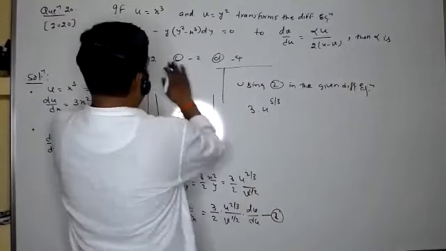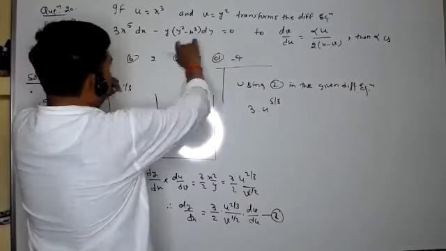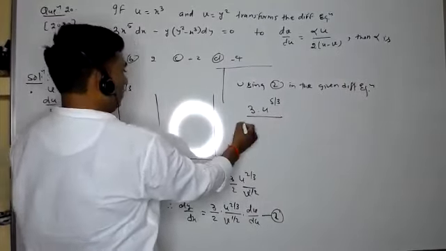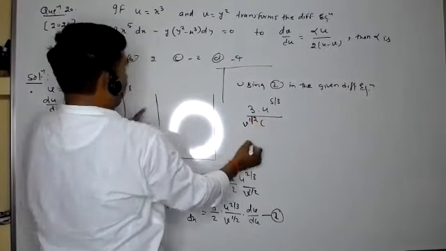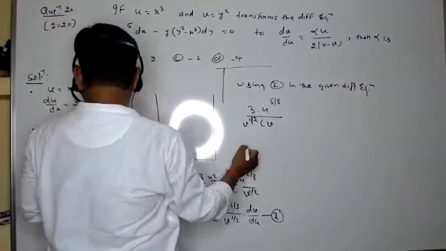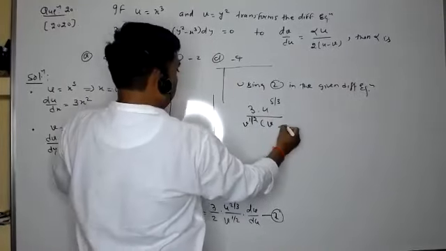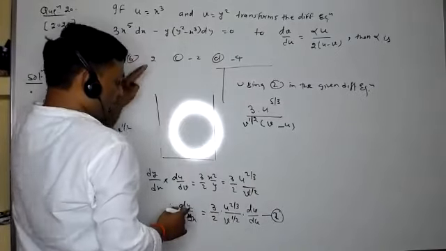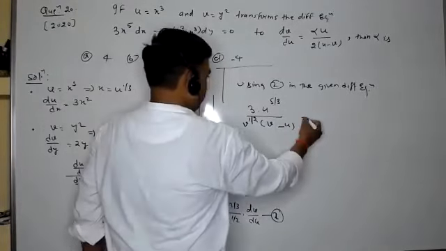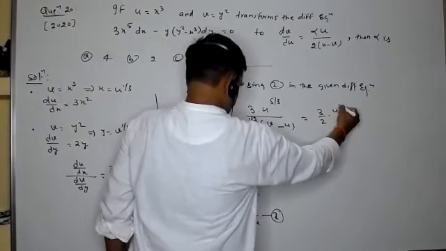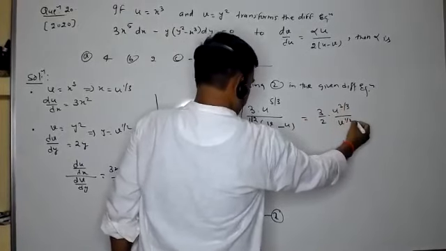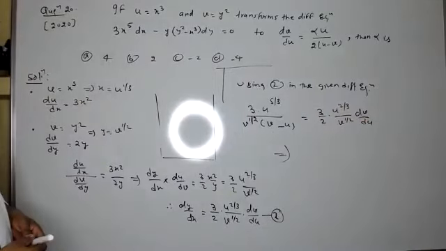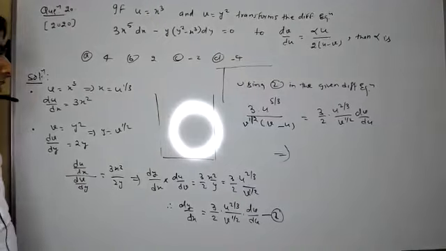And in place of this will be dy over dx, which goes in the denominator, y is v to the power 1/2, y square, that is v, minus x cube, that is u, right? So this is the value of dy over dx, and the value of dy over dx here is 3/2 u to the power 2/3 v to the power 1/2, right? Now get the dv over du, get the answer please.